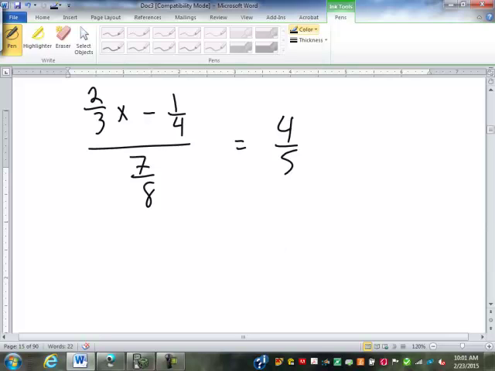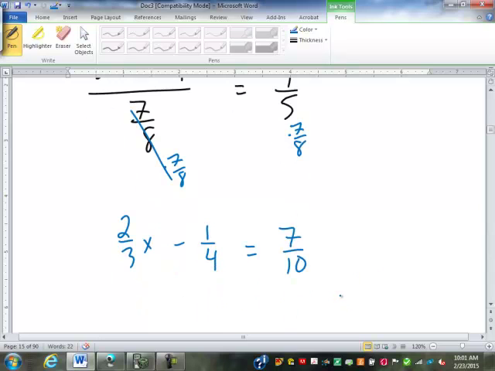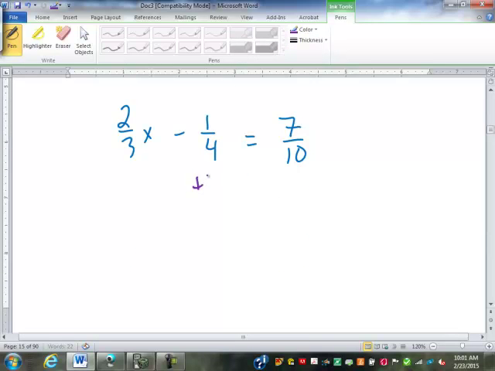Well, we multiply by 7/8. So we got 2/3 x minus 1/4 over here. Times 7/8 over here gives us 7/10. Now what? Add 1/4. So now we have 2/3 x equals 19/20.